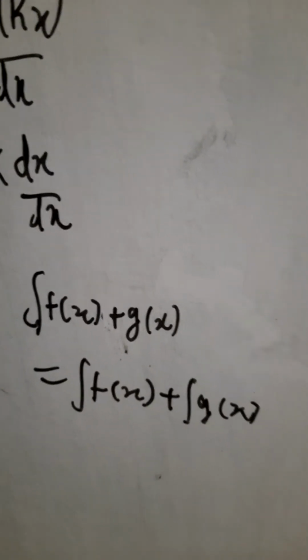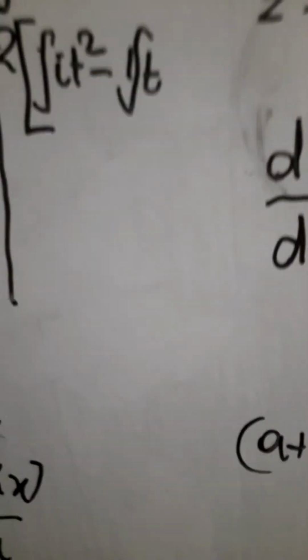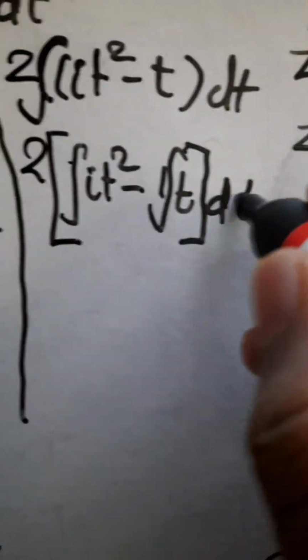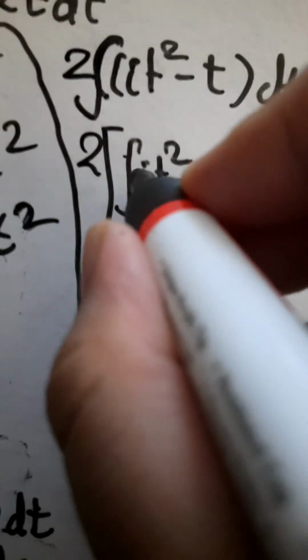Integration of f of x plus g of x equals integration of f of x plus integration of g of x, so we can integrate them separately in addition and subtraction, and do the same operation after we have taken the integration.